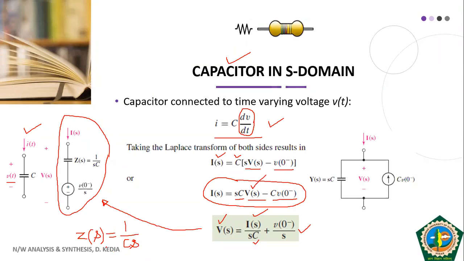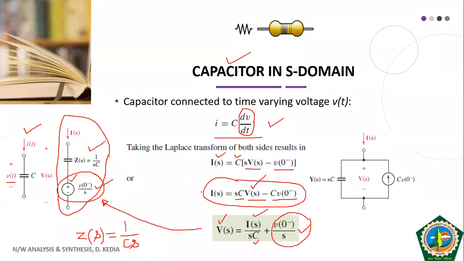So this is your capacitive impedance, that is 1 by CS. And then we have one voltage source in series whose value is V0 by S. So see, plus minus, this is a voltage source, its value is V0 by S. So this is a constant DC voltage source, and this is your capacitor represented in the form of Laplace domain.